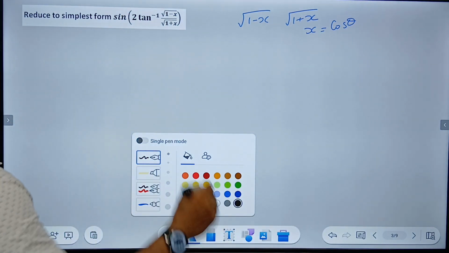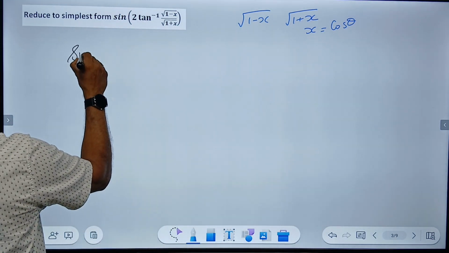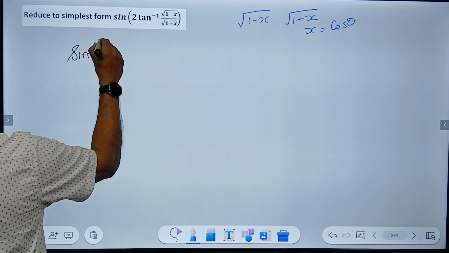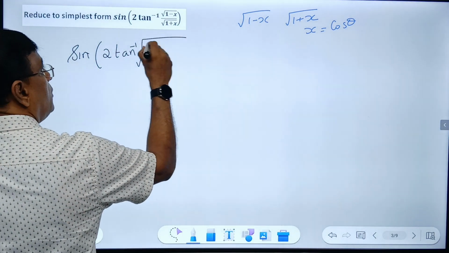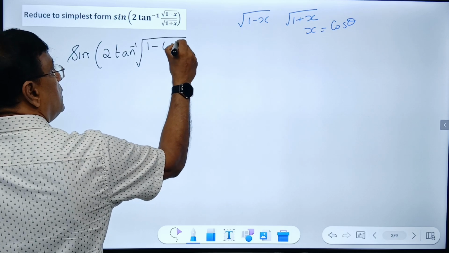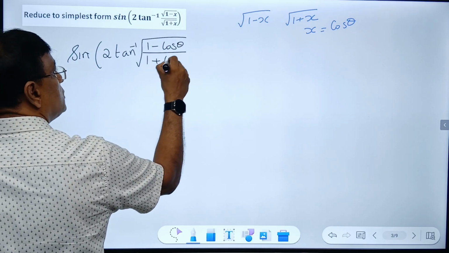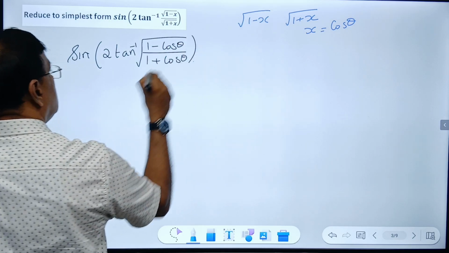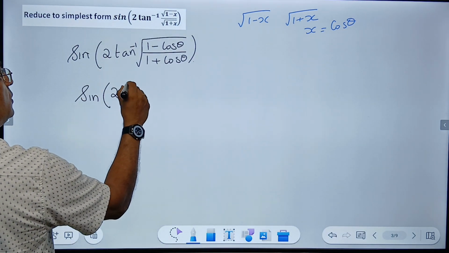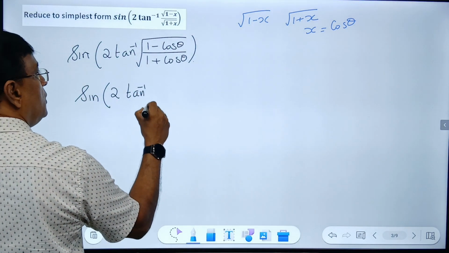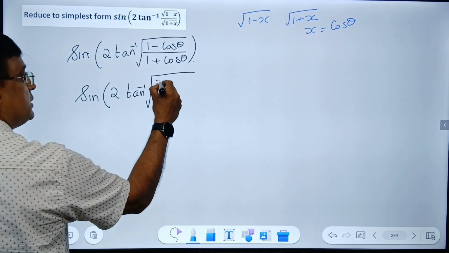Okay. So this will become sine of 2 tan inverse of root of (1 minus cos theta) divided by (1 plus cos theta). So this becomes sine of 2 tan inverse of, what is the formula of 1 minus cos theta?